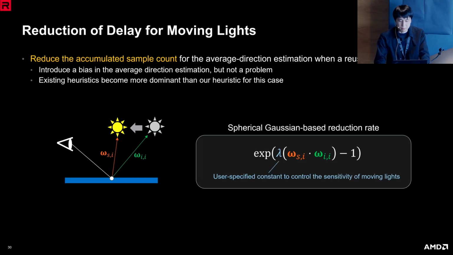In this paper, we use a spherical Gaussian-based reduction rate for the change of the light directions. Although this approach introduces a bias in the average direction estimation, it is not a problem, because reduction of the accumulated sample count makes existing heuristics more dominant than our heuristic.